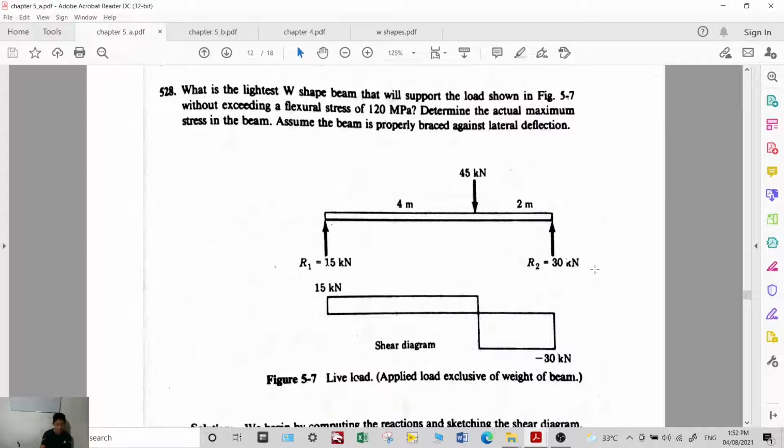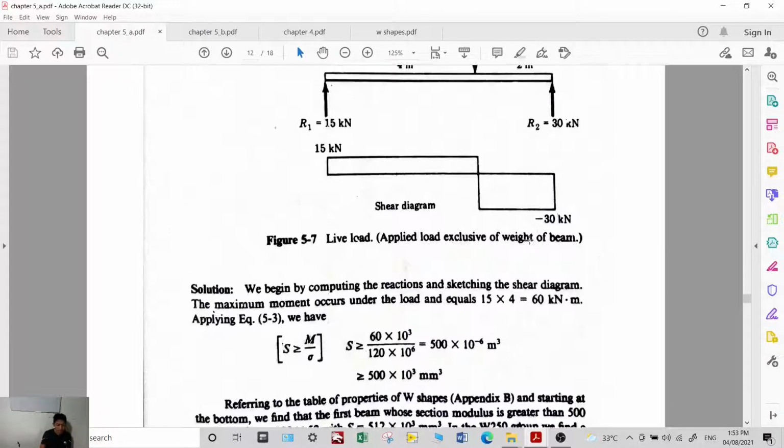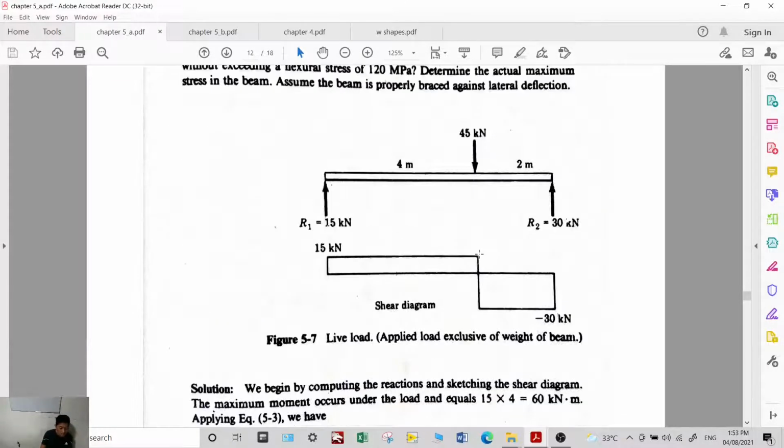Again, makuha nimo ang reaction ani. You get the shear diagram. So angat ka og 15 and then naog kag 45. So mahimo na lang negative 30. And then angat og 30 so nahimo balik kag 0. So unsa ang maximum nga moment diri?